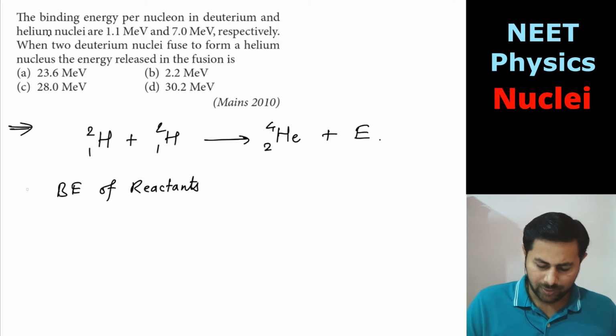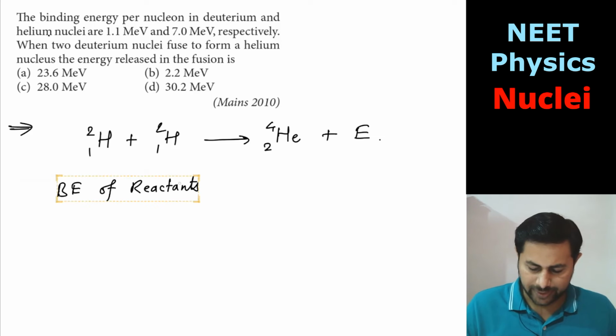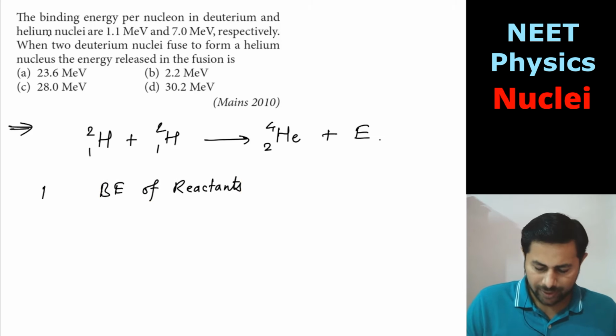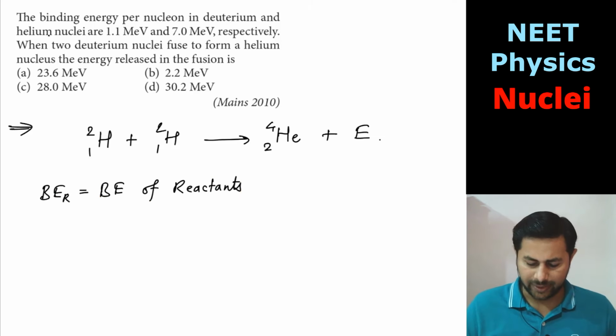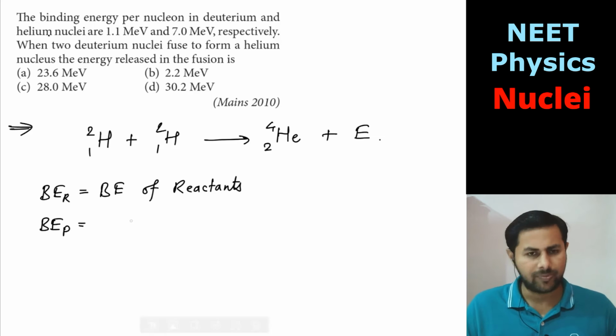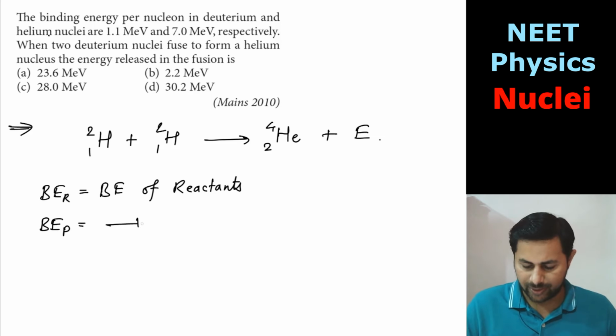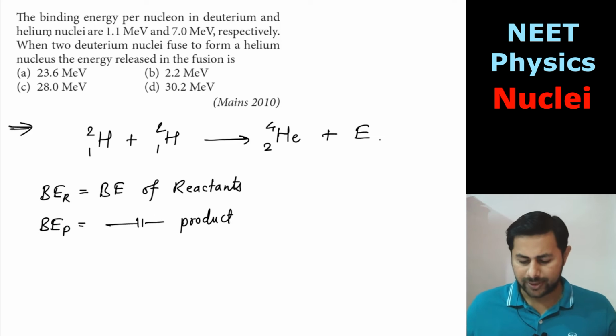So BER is equal to binding energy of reactants, and suppose BEP is the binding energy of products. Here we have only one product, right?